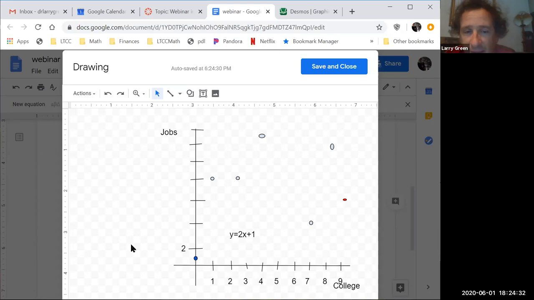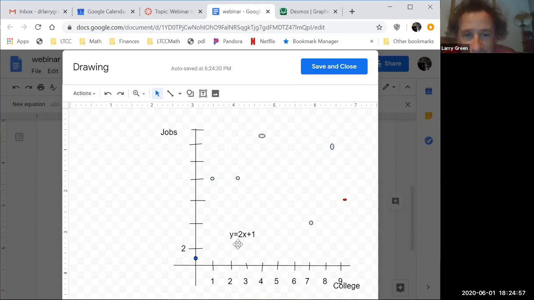Any questions on that? Okay, what about the 2 in front of the x? What does that tell you? The hint is, Lori might have an idea. That's a hint. That's the slope, exactly. So the 2 is the slope.